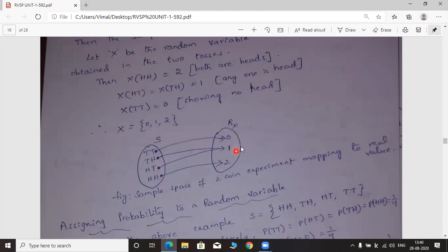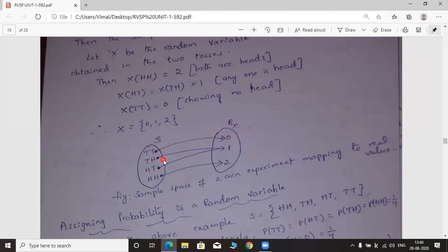First one is 0, second one is 1, third one is 2, meaning getting 0 heads, 1 head, 2 heads. So how can we map these? TT means both are tails, so there is no head. The number of heads is 0. That's why this can be mapped to the real value 0.